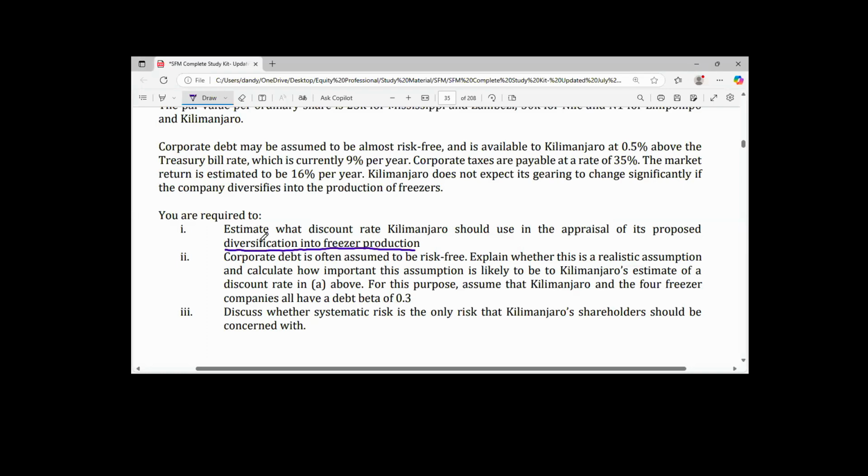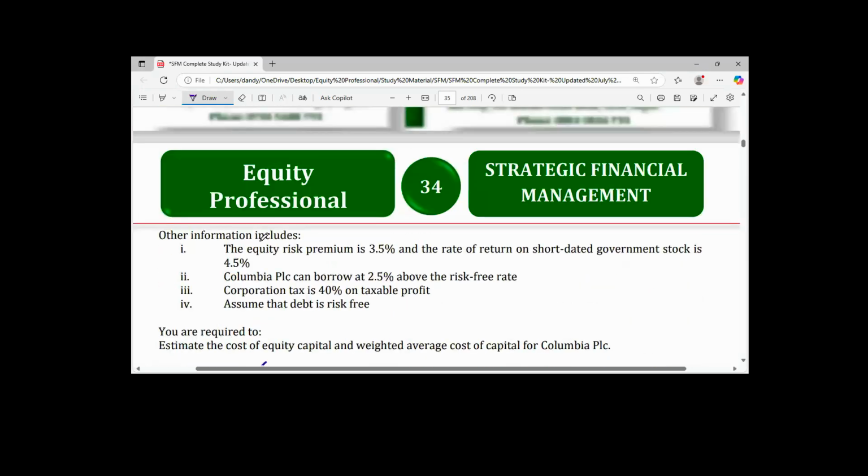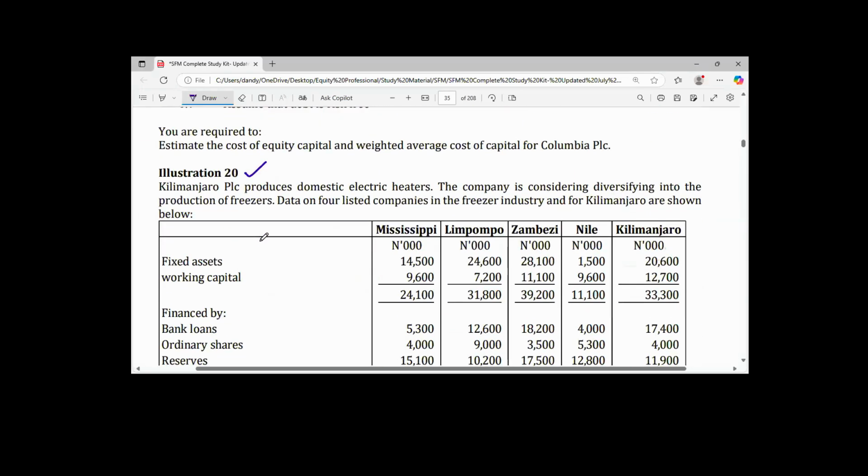Then you go to the body of the question. From the first paragraph, the examiner told you that Kilimanjaro PLC produces domestic electric heaters. The company is considering diversifying into the production of freezers.